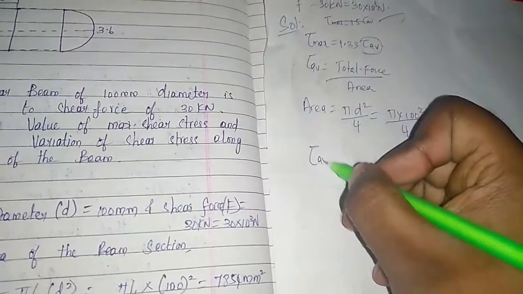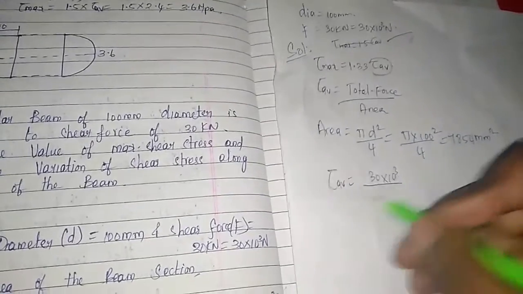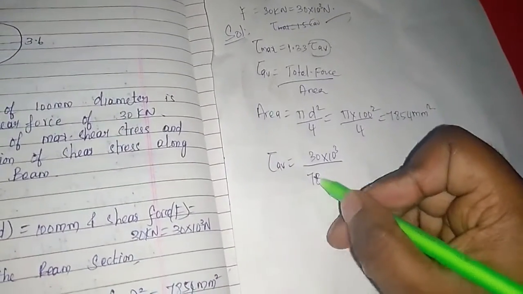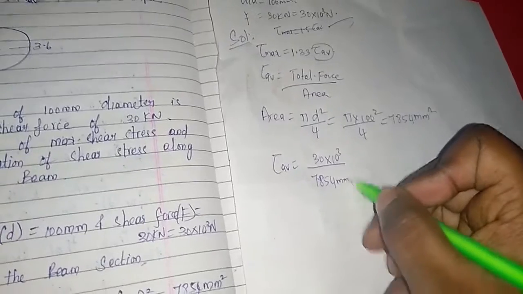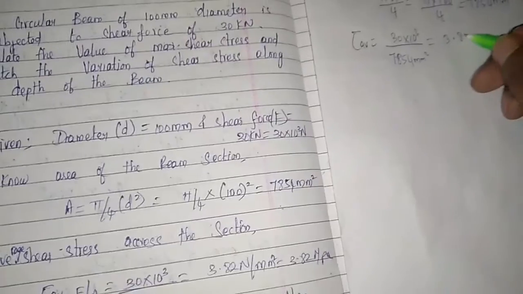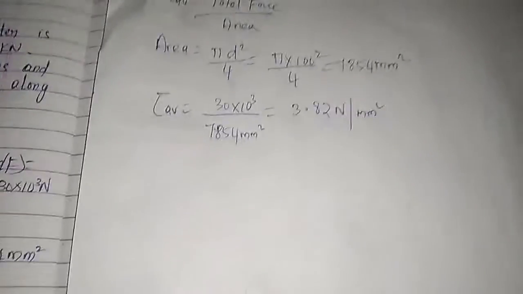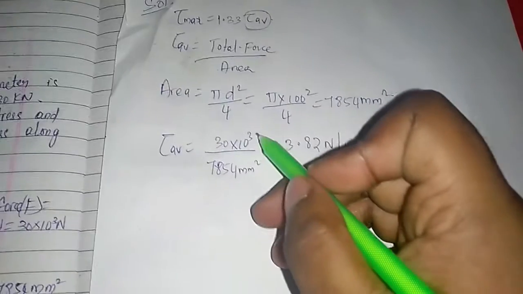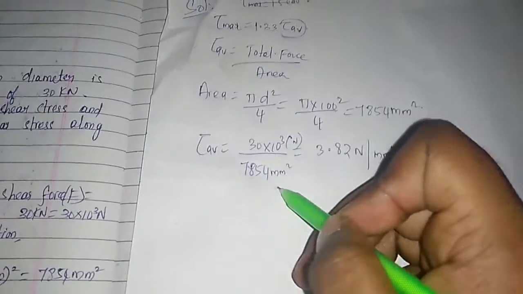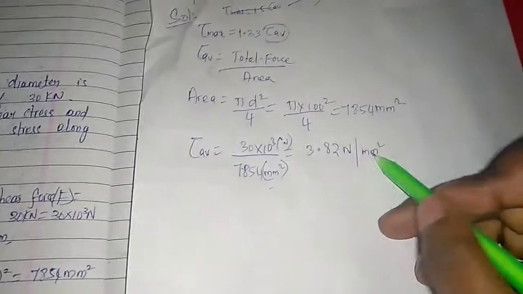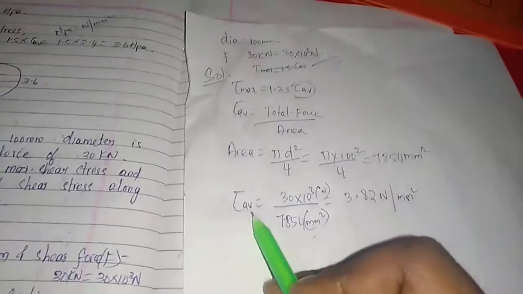So now substitute the formula. So tau AB is equal to 30 into 10 power 3, your total force, divided by your area, 7854 millimeter square. If you solve this, you will get an answer of 3.82 Newton per mm square. How is this the unit? The unit of force is Newton and area is millimeter square. So Newton per millimeter square. So now you have got your tau AB.